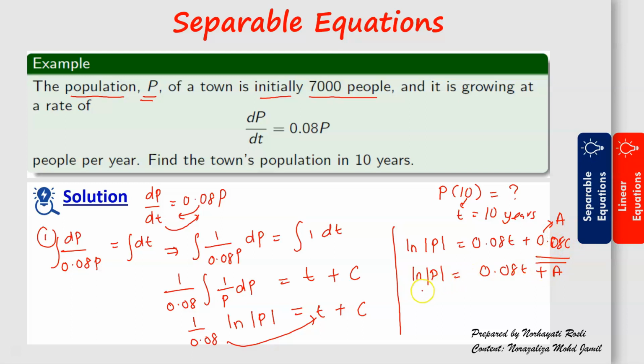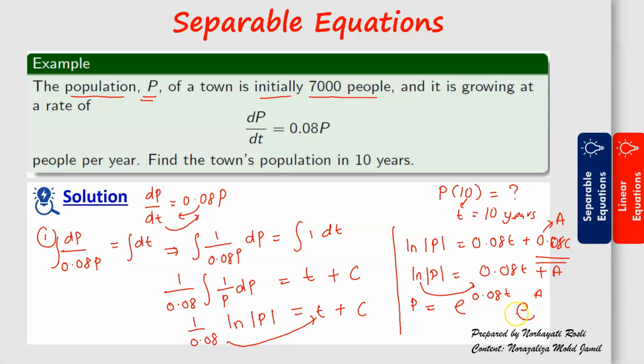And then class, remember we need to write this side as just P, so we need to move this ln. So I have P equal to the exponential of 0.08 t. When I move this ln to this side, it actually becomes the exponential of A, because by the rule of exponentials it becomes multiplication here.